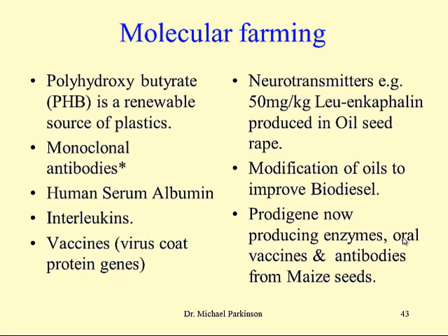Then when you harvest your seeds, you recover the protein, and then you can nick out your particular product with specific proteases which have also been engineered into the multi-cloning site.